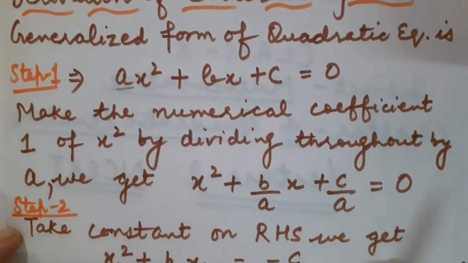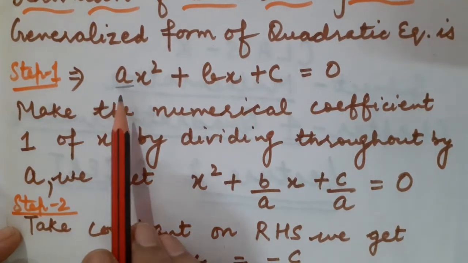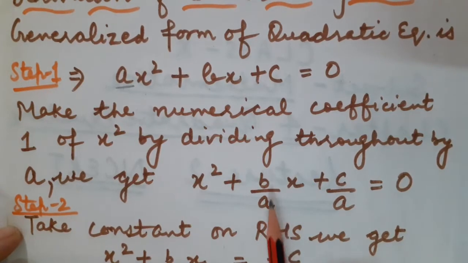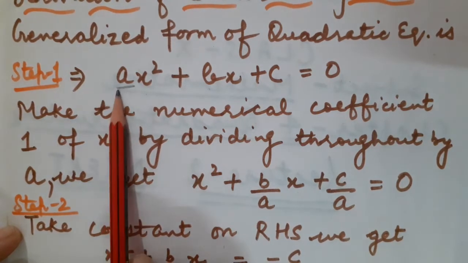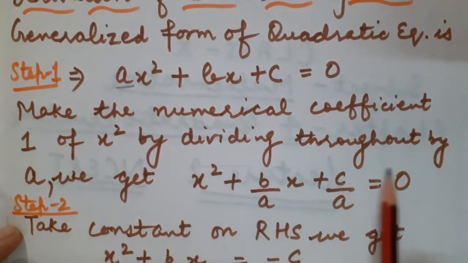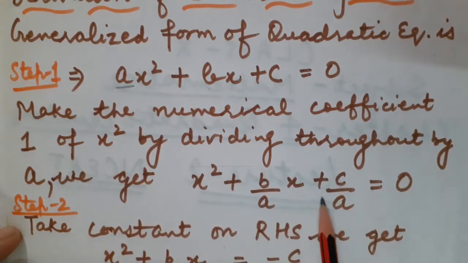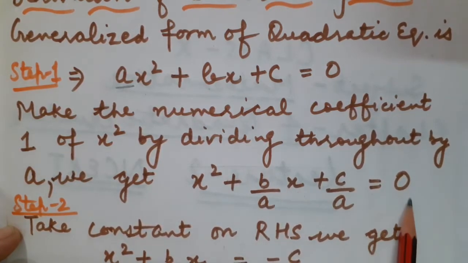After dividing by a, I will get ax square upon a plus b upon a x plus c upon a is equal to 0 upon a. That a and a will be cancelled. So ultimately what do I get? I have got x square plus b upon a x plus c upon a is equal to 0.